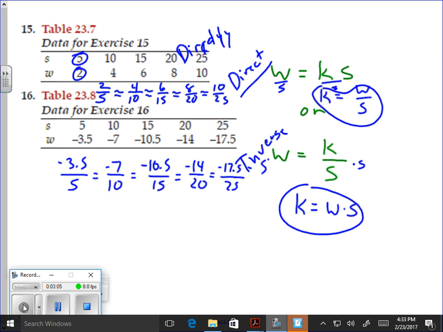If it's not, then we'll test the inversely proportional situation. But all of these do reduce down to, if you put any of them in the calculator, negative 0.7 every single time. Which means that 16 is also directly proportional.